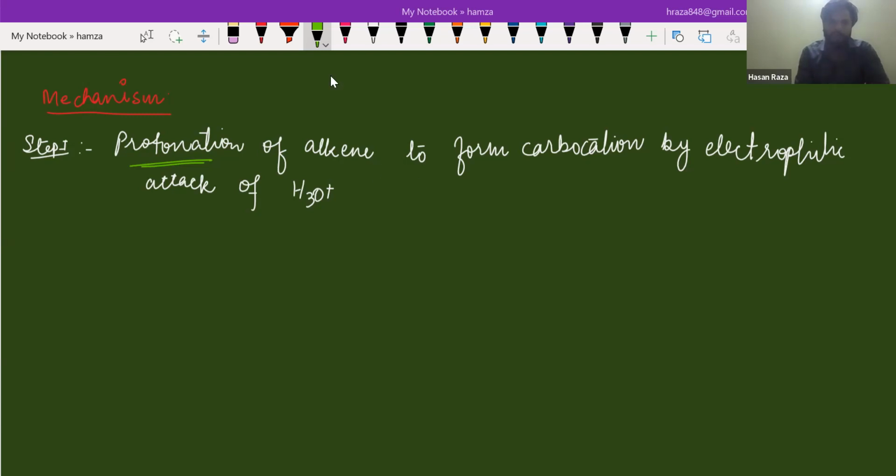And how does it take place? So first of all, we are going to add H plus, that means proton, or you can say acid, in water, and it will form H3O positive, which is called hydronium ion. And the next is the first step.